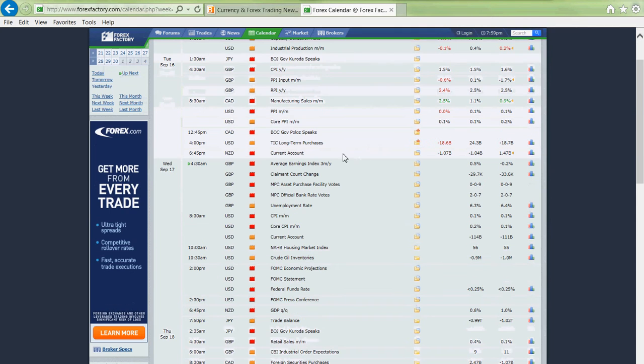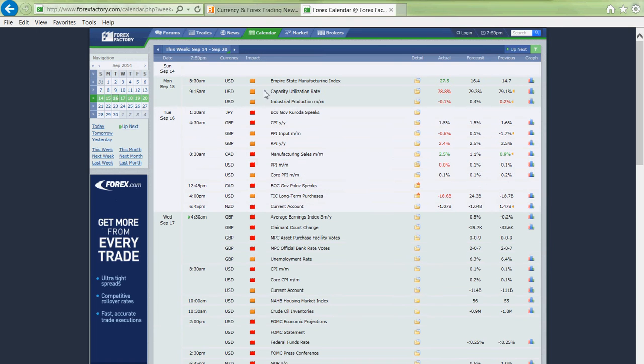Let's go and see what exactly happened. Earlier in the week we got some negative numbers on the dollar, and today we also got some negative numbers here. That's what's causing the dollar to pull back in sentiment a bit.